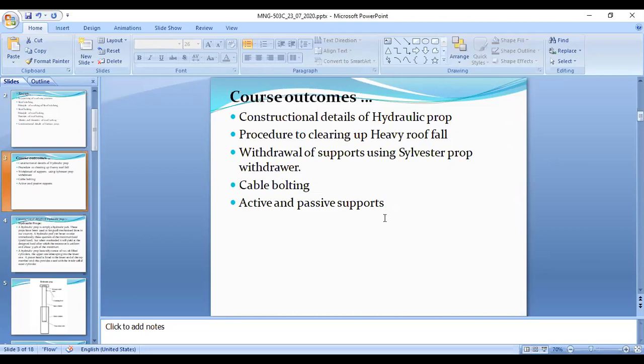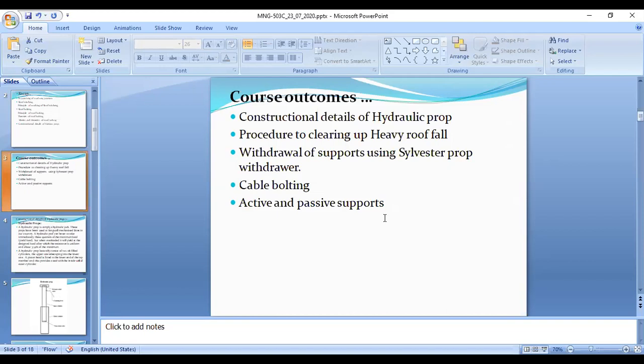If you look at the basic definition, the concept behind the active support is that while setting out the prop, we set it with a certain initial load, so that it starts carrying the load. Such a kind of setting out of props is called active support.